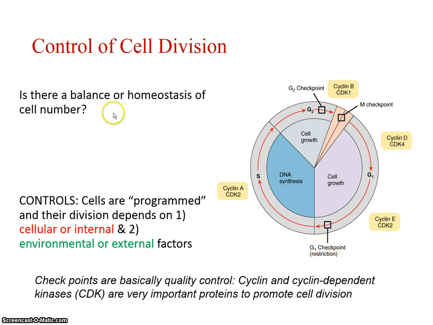So there is definitely a balance in cell number, and if there wasn't, excessive would be tumors, cancer. Not enough would be ulceration.